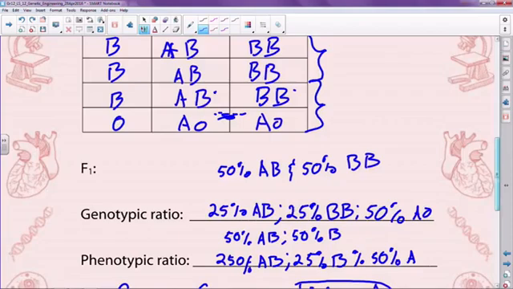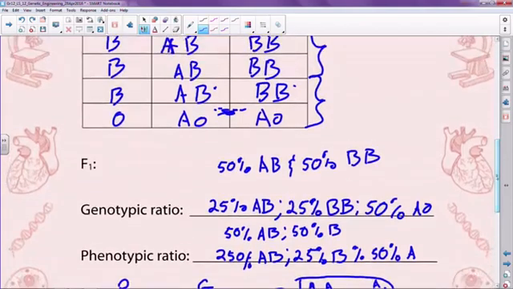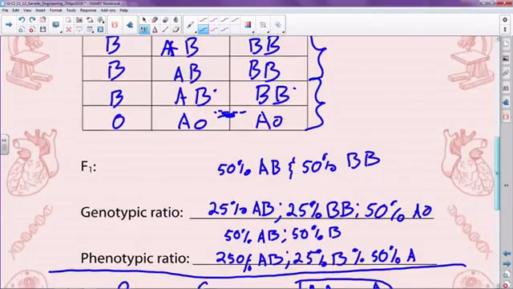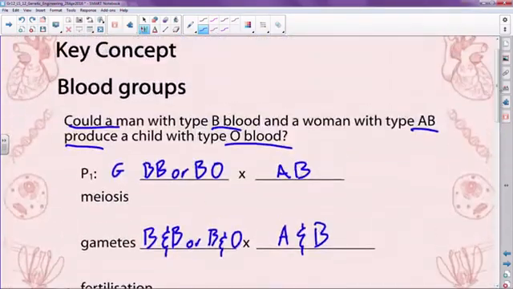Let's see the question. Because at the moment, everything we've done up to there, has it answered the question? The question is, could a man with type B blood and a woman with type AB produce a child with a type O blood group?